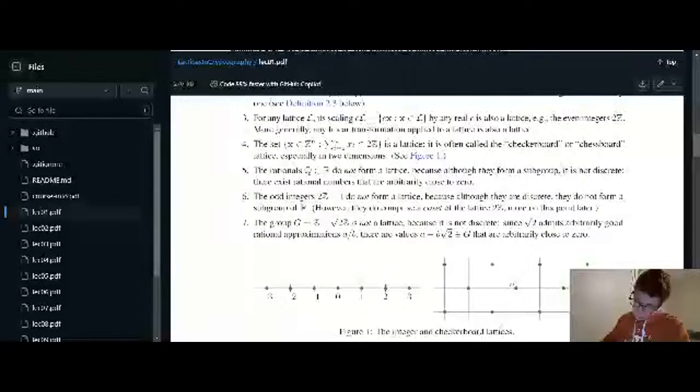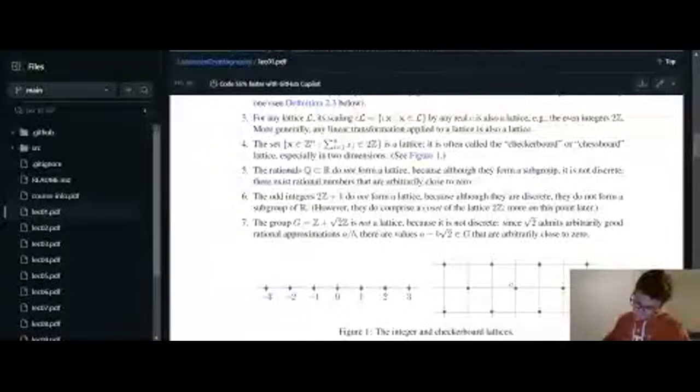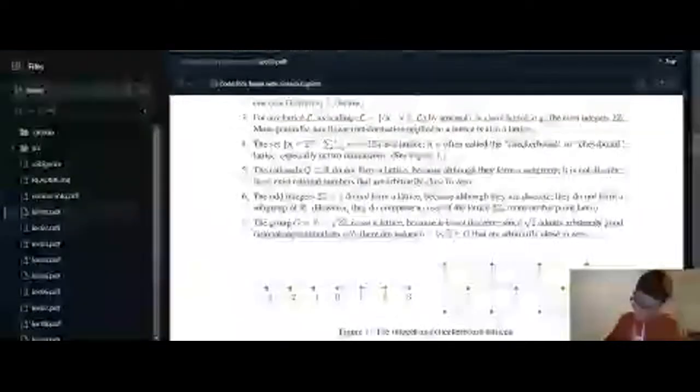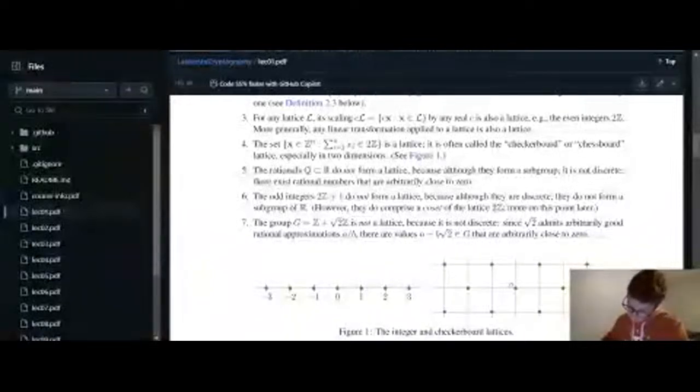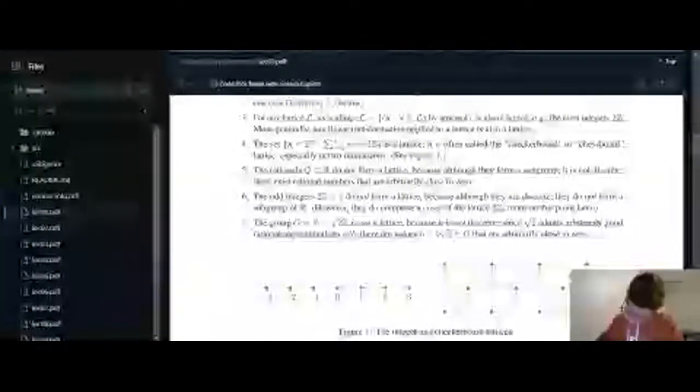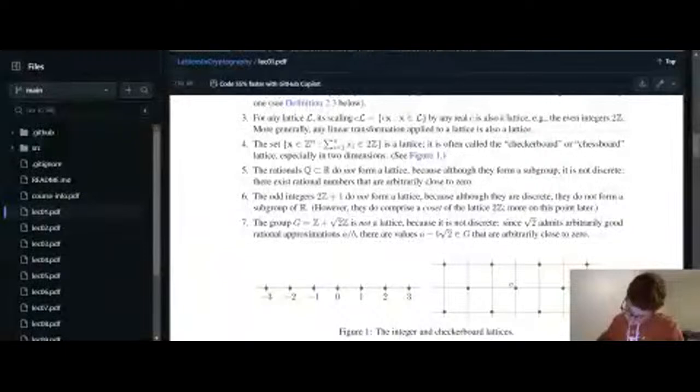So here's the origin. Let's make the origin a different color. 1, 1, 2, 2, 0, 2. Wow, that's fascinating.